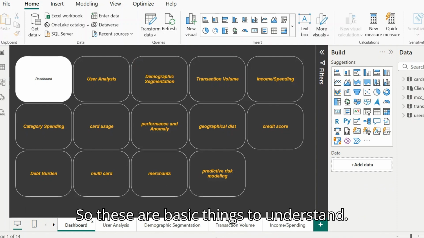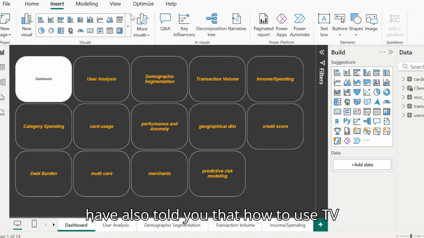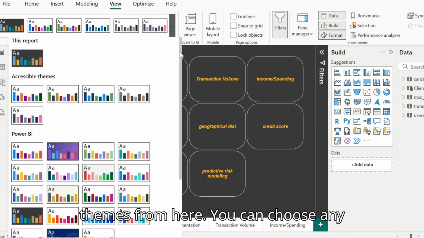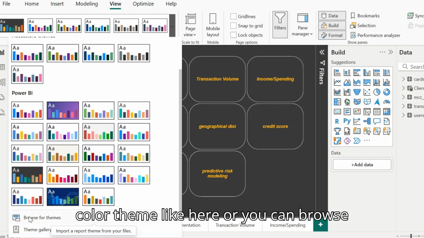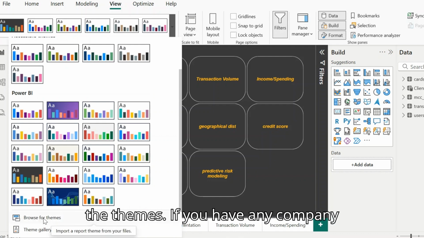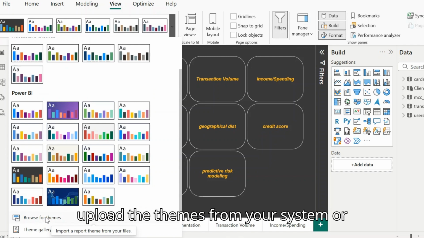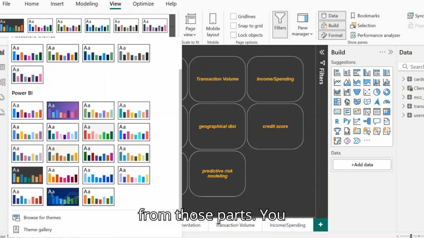So these are basic things to understand. Then, in the previous video I also told you how to use the view. You can change the color themes from here. You can choose any color theme like here, or you can browse the themes. If you have any company-specific themes, you can browse and upload the themes from your system, or if it is available online, you can access it from those sources.